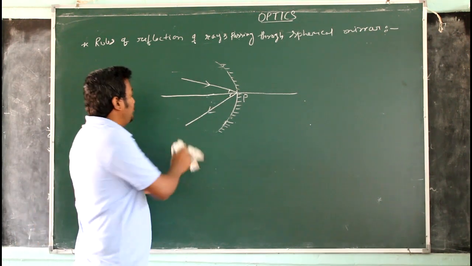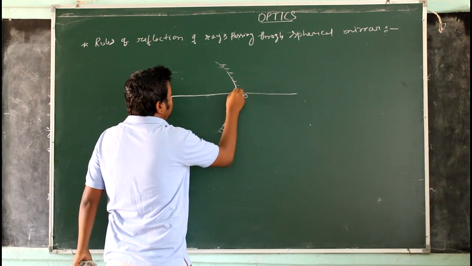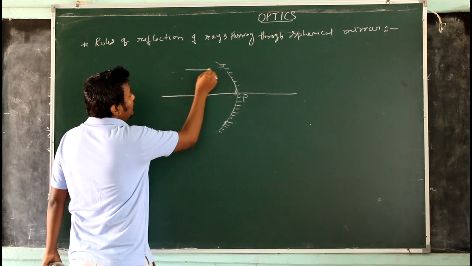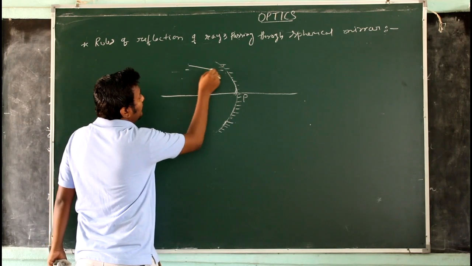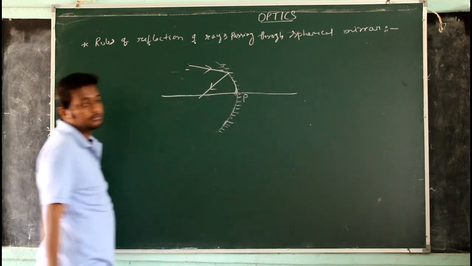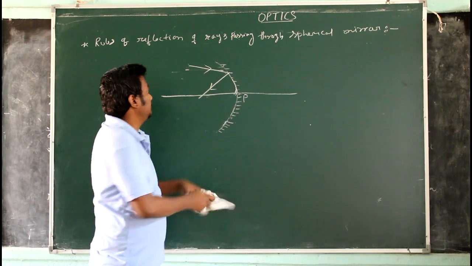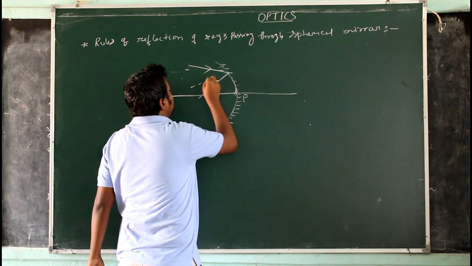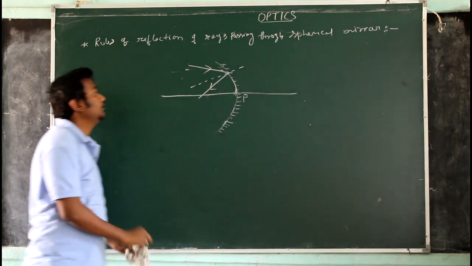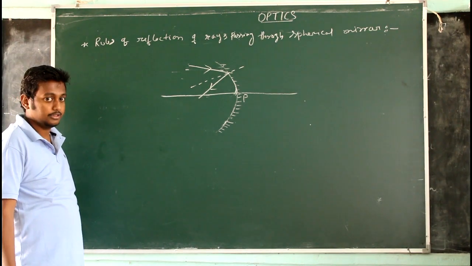Not only the pole, but suppose one ray is incident at any other point by making an angle. This also reflects back by obeying the law. This is the surface of the mirror at any point, and if we draw the normal, then this also reflects back by obeying the laws of reflection.